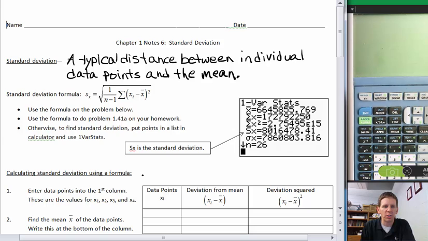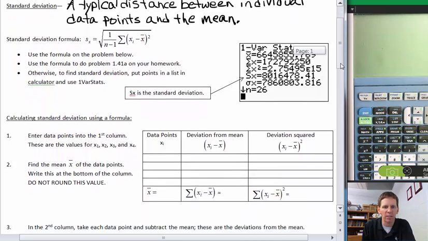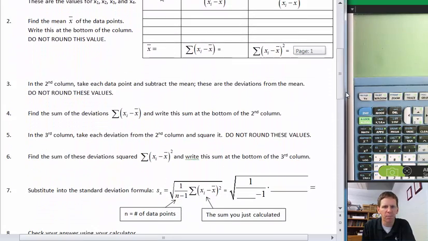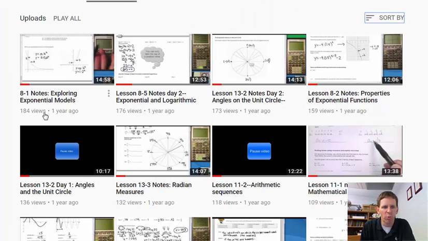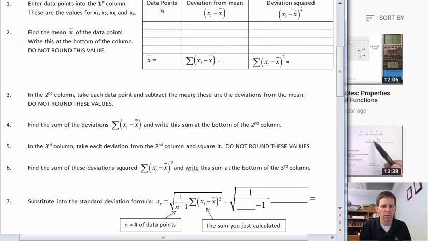So to calculate standard deviation using a formula, we're going to use this formula here, and we need to start with some data. So we're going to enter in some data and calculate the standard deviation. I thought some data we could use would be going to my YouTube channel and picking out the 4 most popular views as of yesterday. We have 184 views, 176, 173, and 159, and we will use that data in our work here.